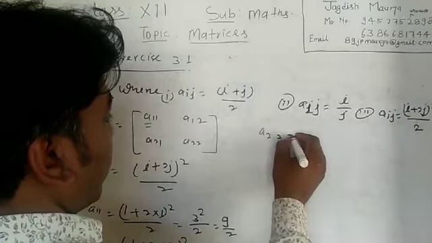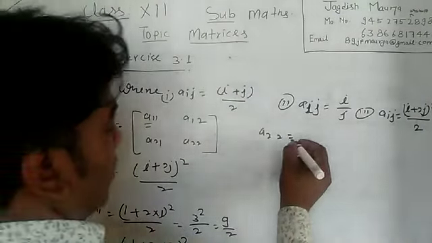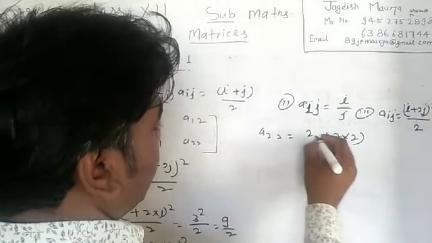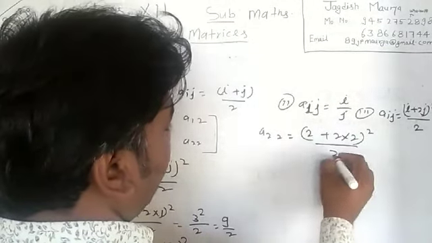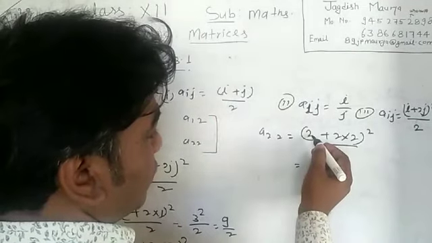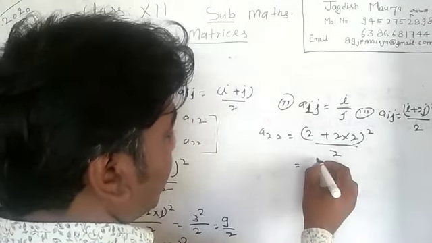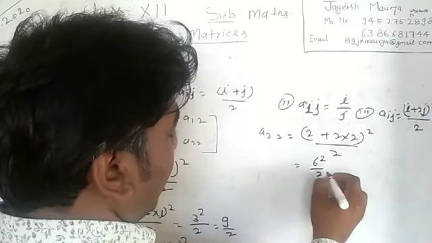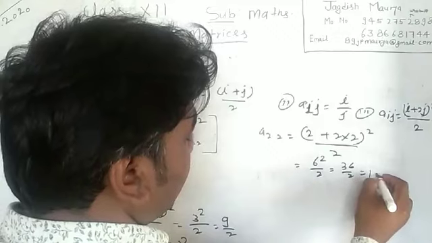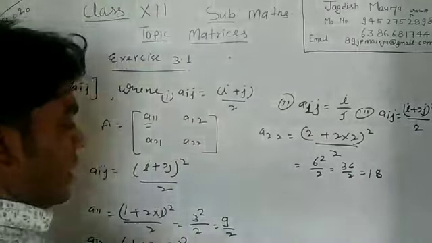A22 is (2 plus 2 into 2) whole square upon 2, which is 6 square upon 2 equal to 36 upon 2 equal to 18.